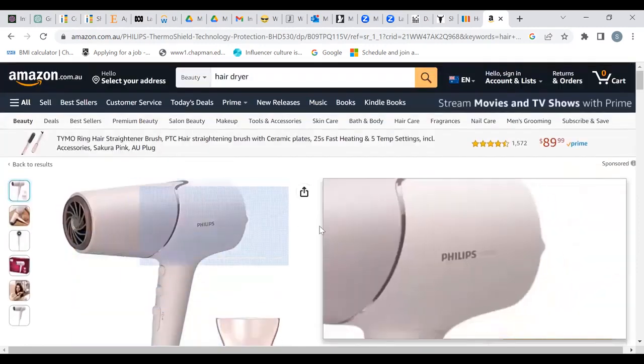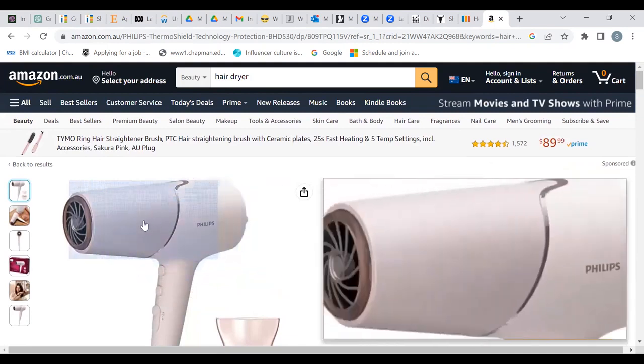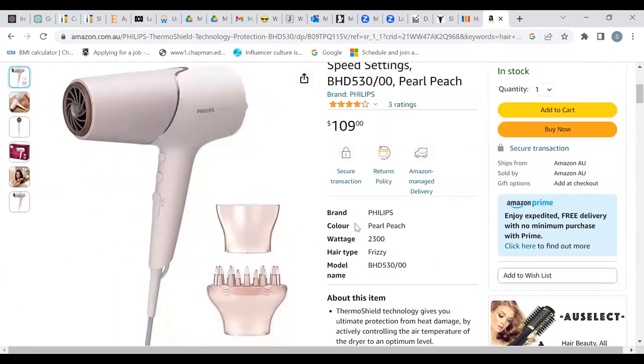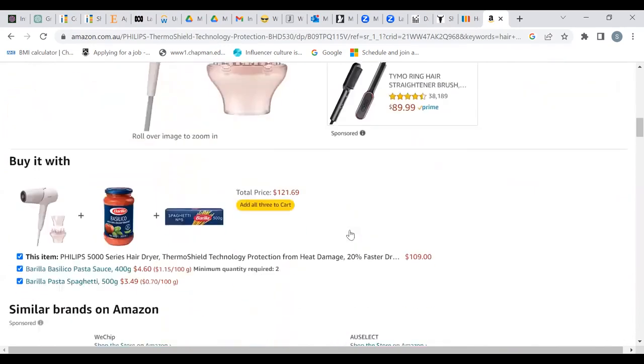Now I am within a web page for Philips hairdryer. So we were talking about recommendations. If we go below this particular page, just see what this website is recommending you, that the people who bought this item also happen to buy a Barilla, what's that?